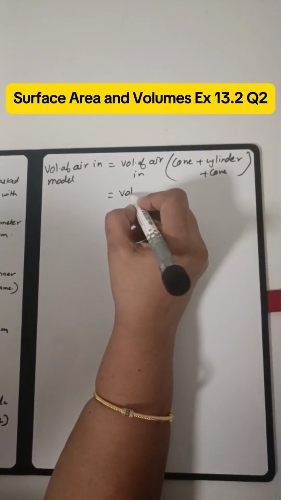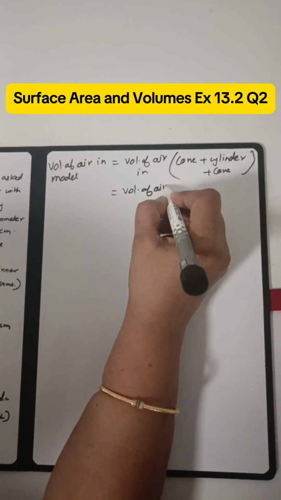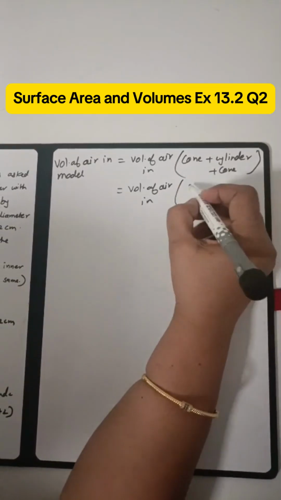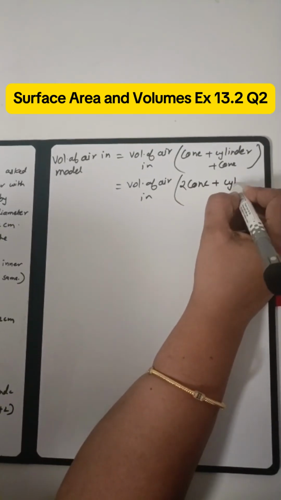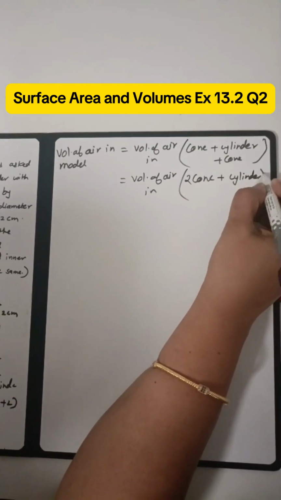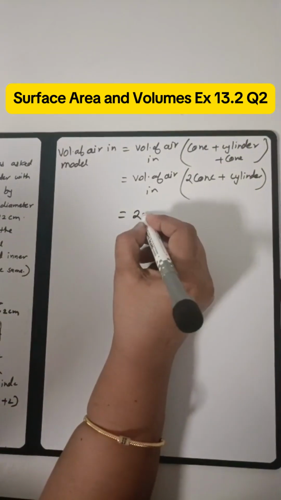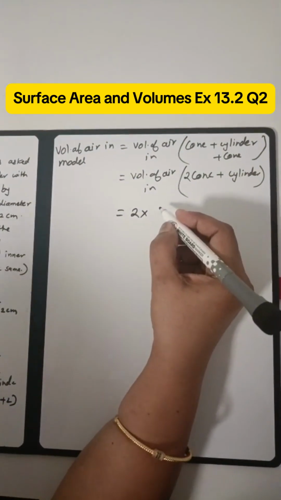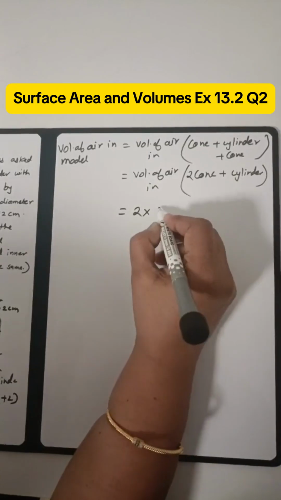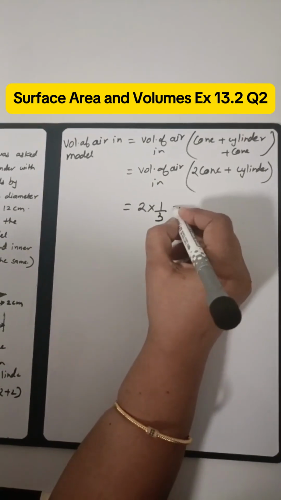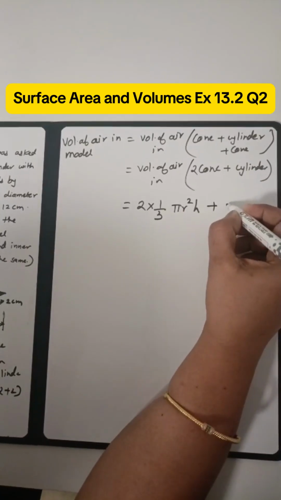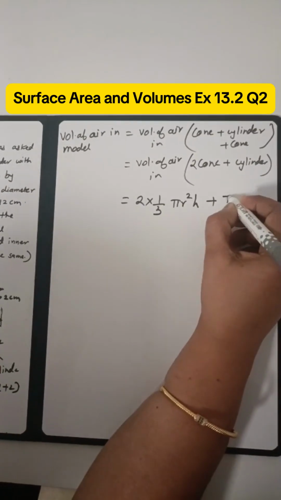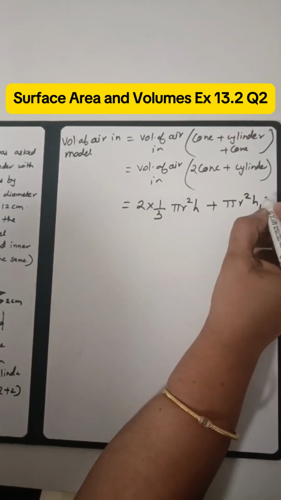So I will write volume of air in cone plus cone because they are similar. So it will be 2 times of cone plus cylinder. Okay, so now I will write 2 times of volume of cone. What is the volume of cone? Volume of cone is 1 by 3 pi r square h, h is the height, and volume of cylinder is pi r square h1.